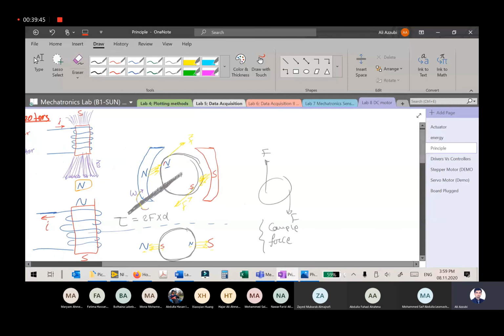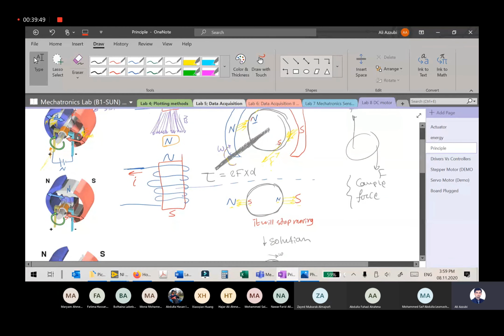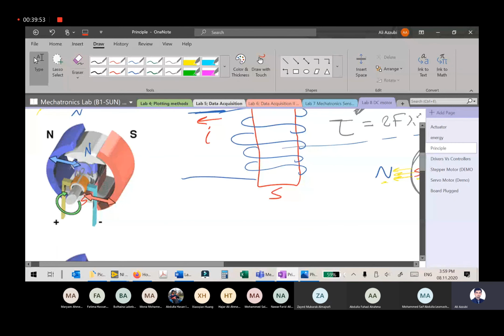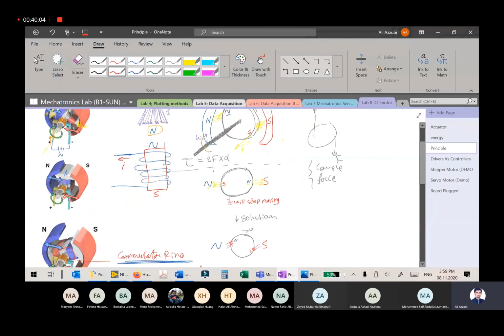I will not go deeper than this, but I hope you can get the idea, which is by changing the direction of the current in the poles or in the rotor itself, I can change the polarity, and consequently I avoid this nasty condition here. I can keep the torque in the direction that I desire.